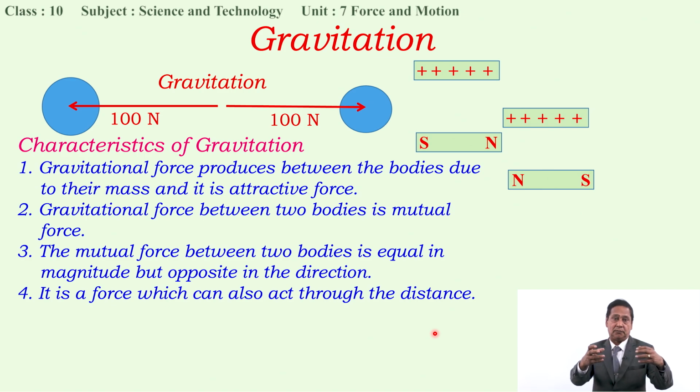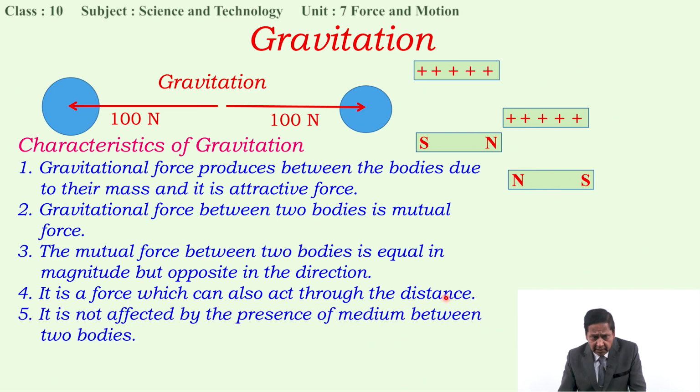Any bodies of this universe may be lying far away or may be touching or nearby each other. They attract each other. I mean to say, this is a force which also acts through distance. Sun attracts Earth, Earth attracts Moon. They are far away from each other even though they attract each other. This is another characteristic of gravitation.